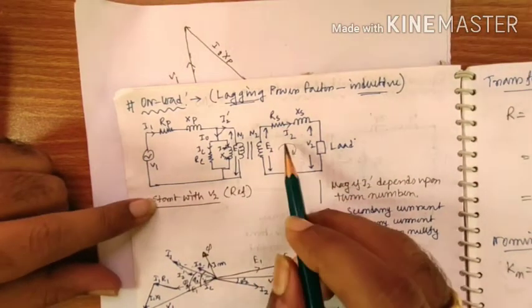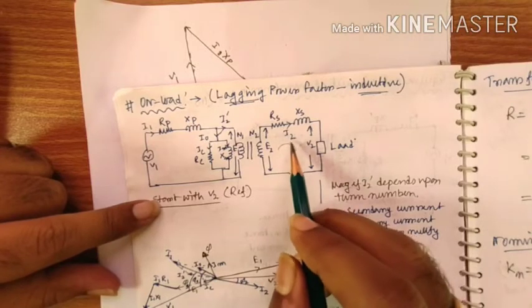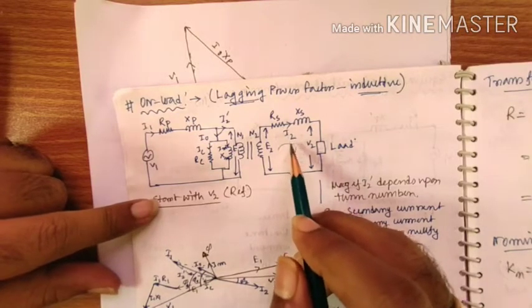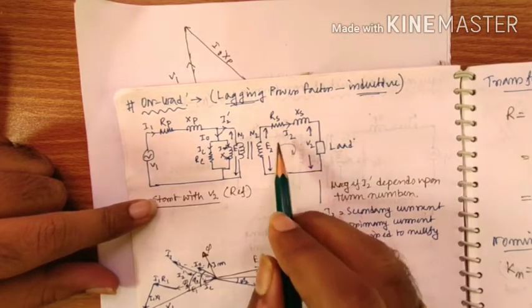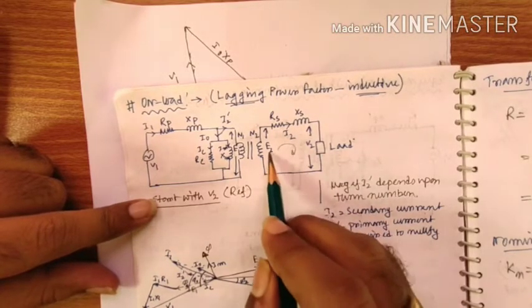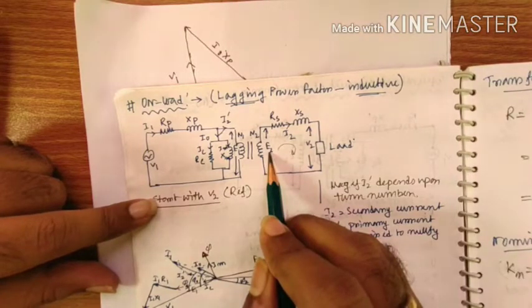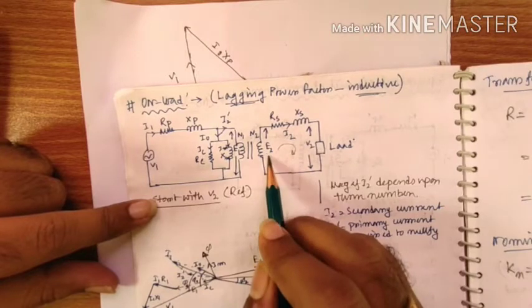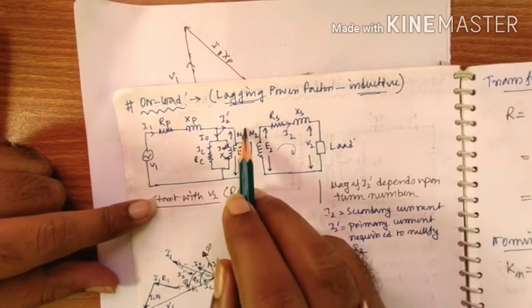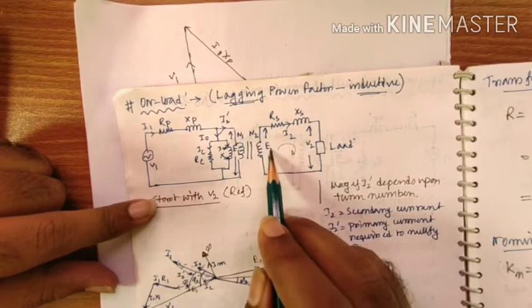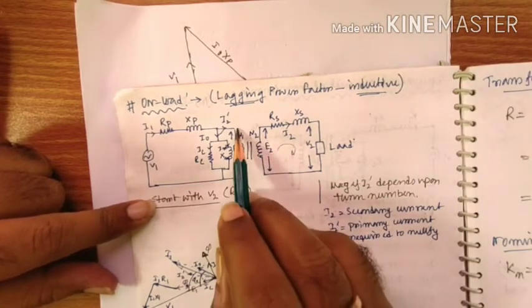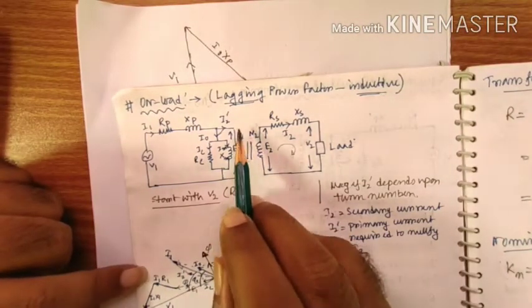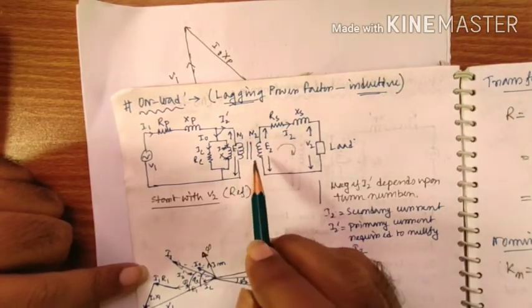Now, to maintain this flow of current, what is required? E2 should be sufficient to deliver I2, because the current flowing in this circuit is due to E2. What is E2? E2 is the induced secondary voltage, and that came into picture due to the presence of flux phi. If I want to maintain this voltage, you need to provide a little bit more flux so that it becomes constant.